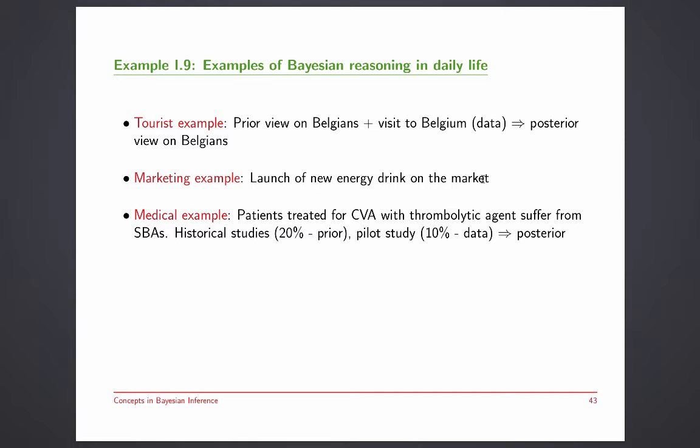So what can we now conclude for the true prevalence of severe bleeding accidents? So we have our prior in the historical studies, we have collected data in a pilot study, and we can combine this prior with the data to obtain a new idea about this. This is the posterior.